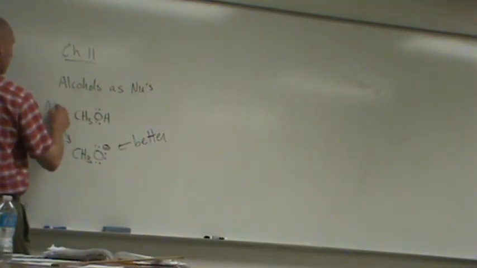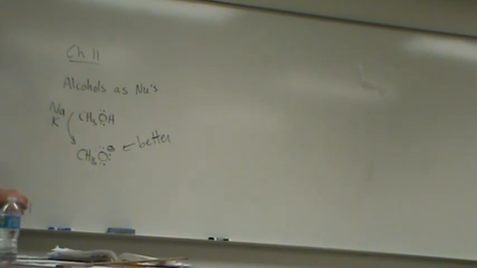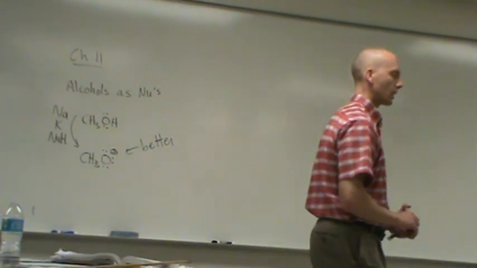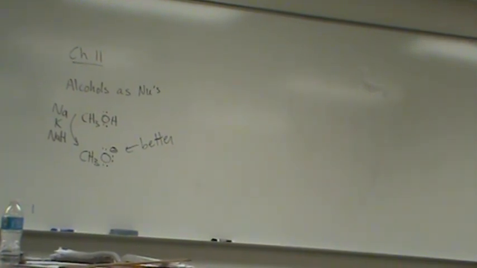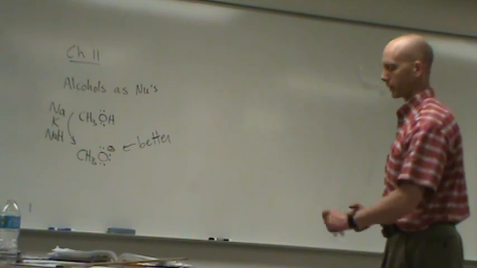You use sodium, potassium, or sodium hydride. Okay, so any one of those will take that hydrogen off and give you O minus. So I gave those to you earlier, and we're going to start using them next class period.